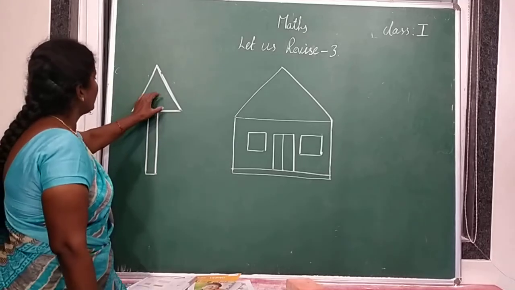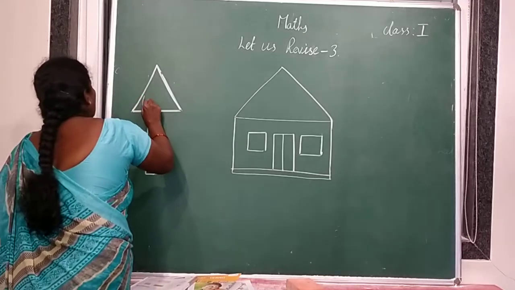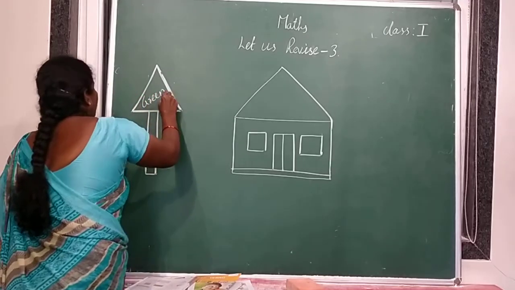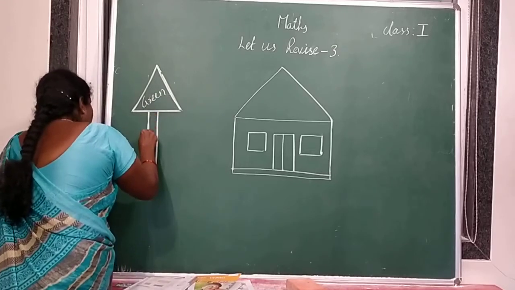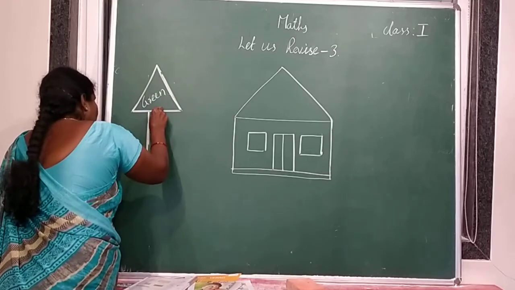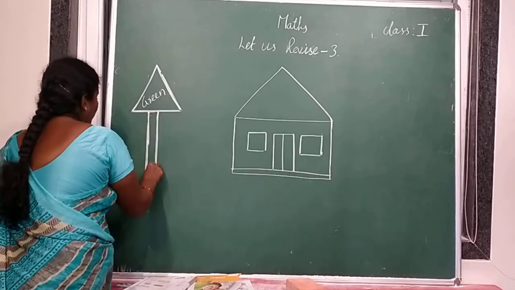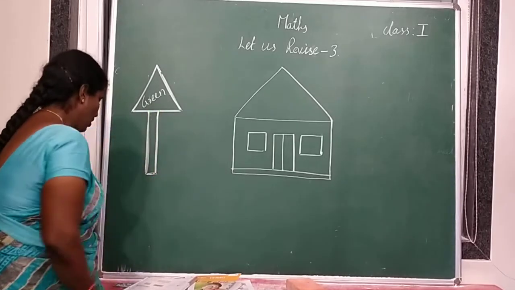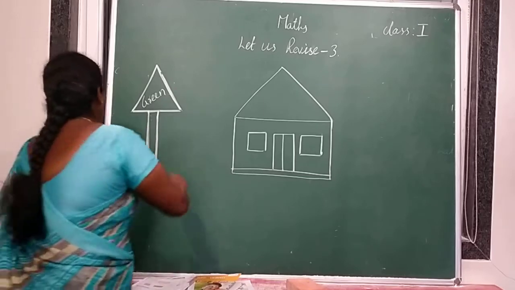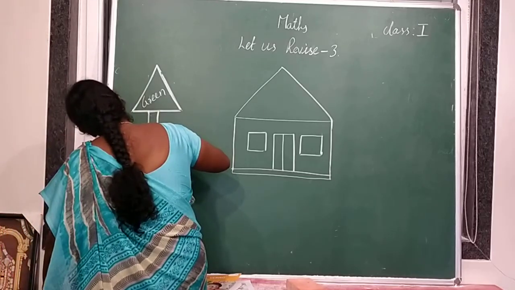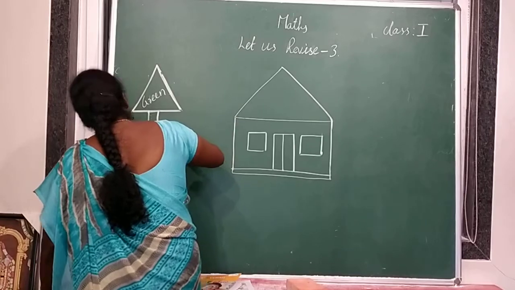So we should shade this triangle with green color. And this is in which shape? It is a, what is this shape? Rectangle. So rectangle with brown color. So shade this rectangle with brown color.